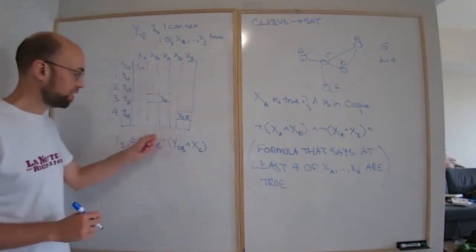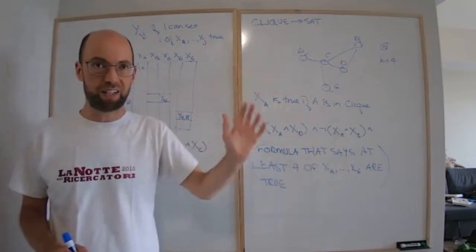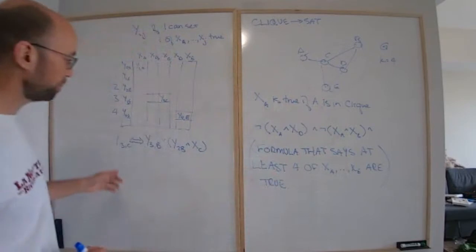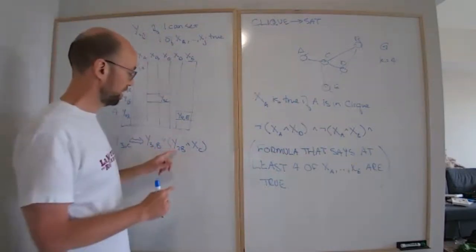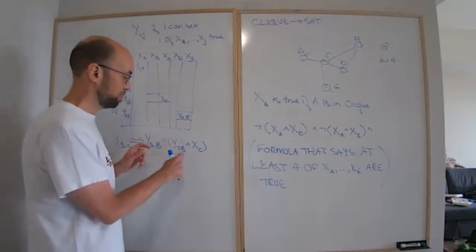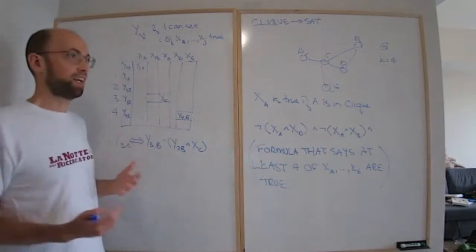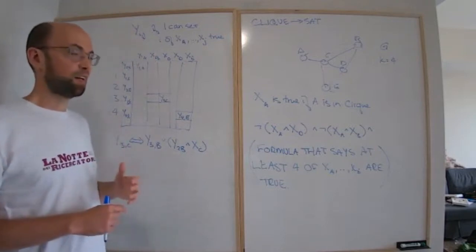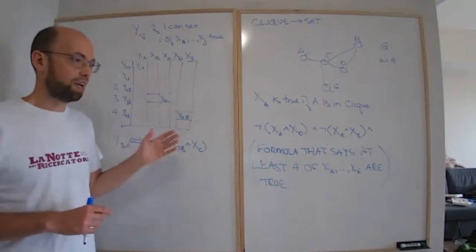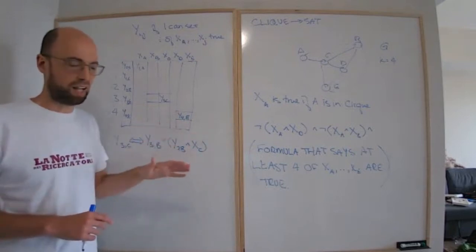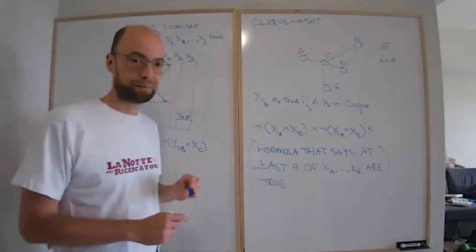So either I can get 3 things out of b, in which case I don't care if I put xc in the clique, or if I can get 2 things out of a and b, and I put c in the clique. So I can get of a, b, and c, 3 vertices. If I take 3 things out of a and b, which is not going to happen, or I take 2 things out of a and b, and I take c. Okay?